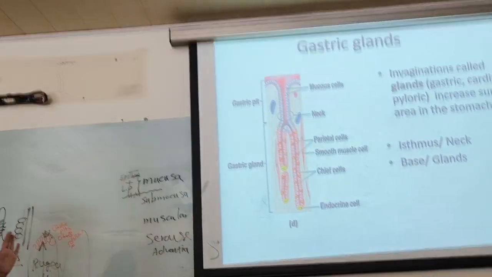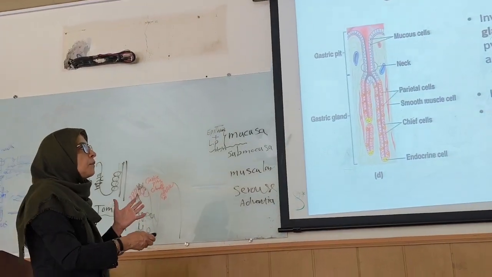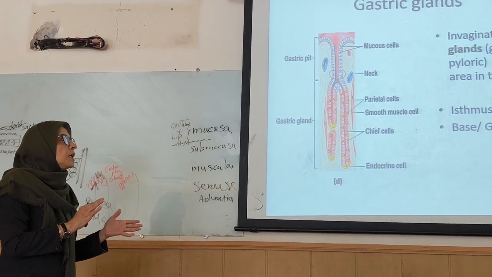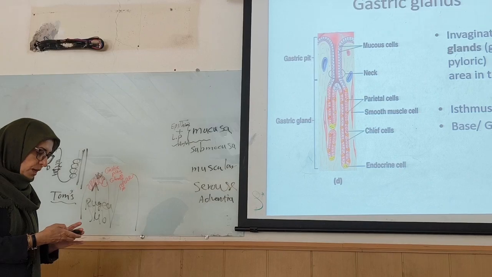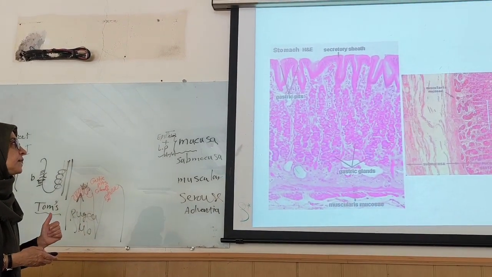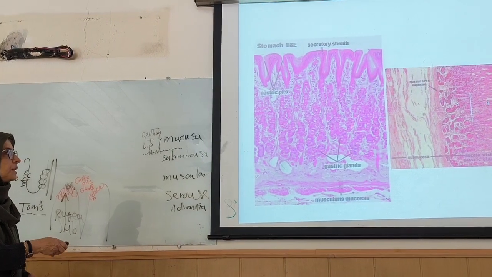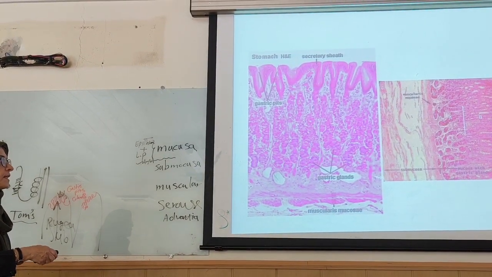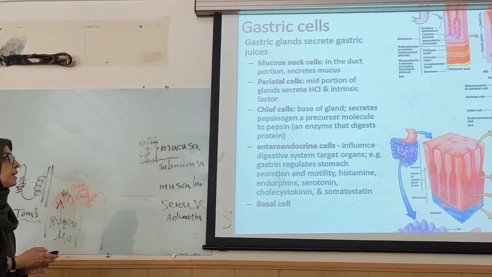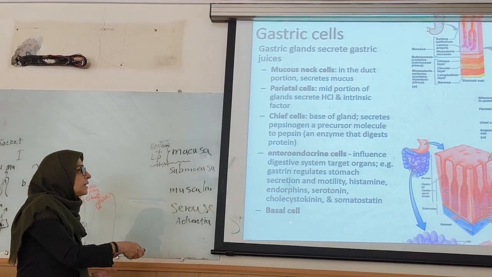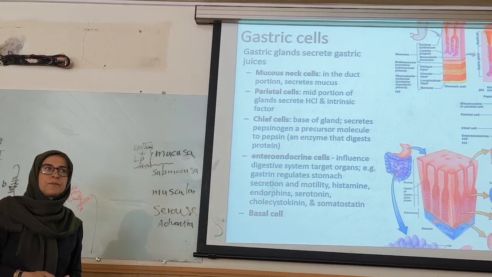These glands are mostly located in the body and also in the fundus. The cardiac and pyloric parts don't have all of these cells. Here are the pits or glands in the stomach, and each of them includes these types of cells.